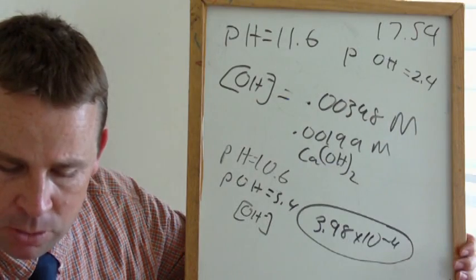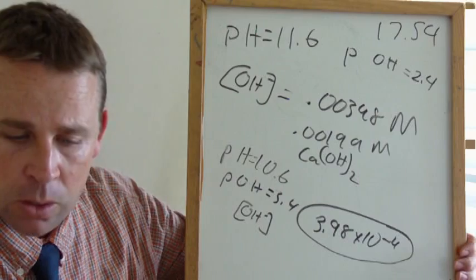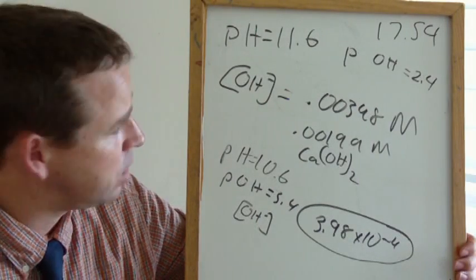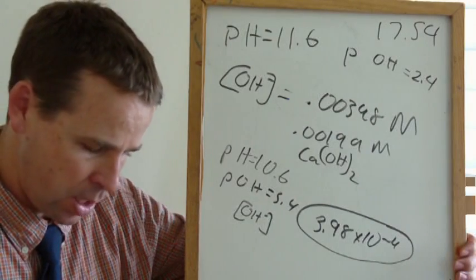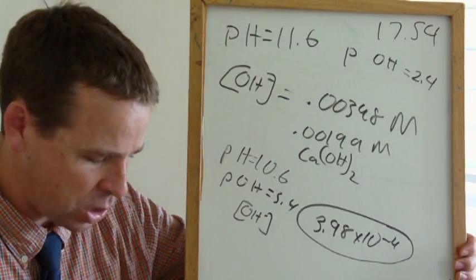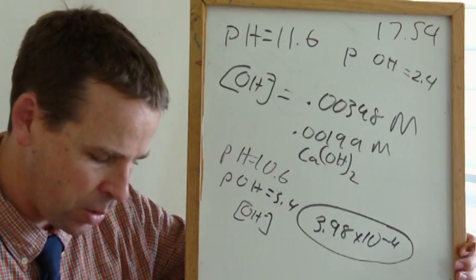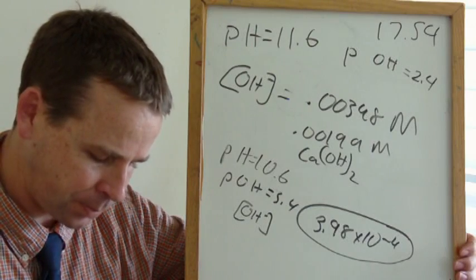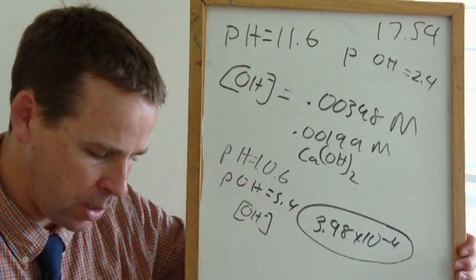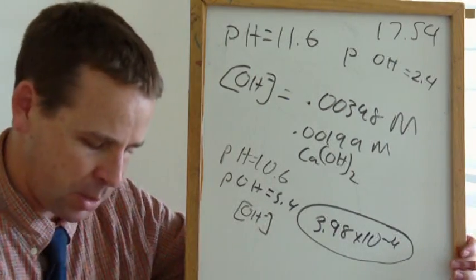1754. 2 times 10 to the minus 3. Are we looking at the right problem here? 1754. What is the molar concentration of calcium hydroxide if the solution is diluted so the pH is 10.6? So they have 2 times 10 to the minus 3. Let's make sure we're doing this right. If the pH is 10.6 and the pOH is 3.4, then we can raise 10 to the minus 3.4 and get 3.98 times 10 to the minus 4.